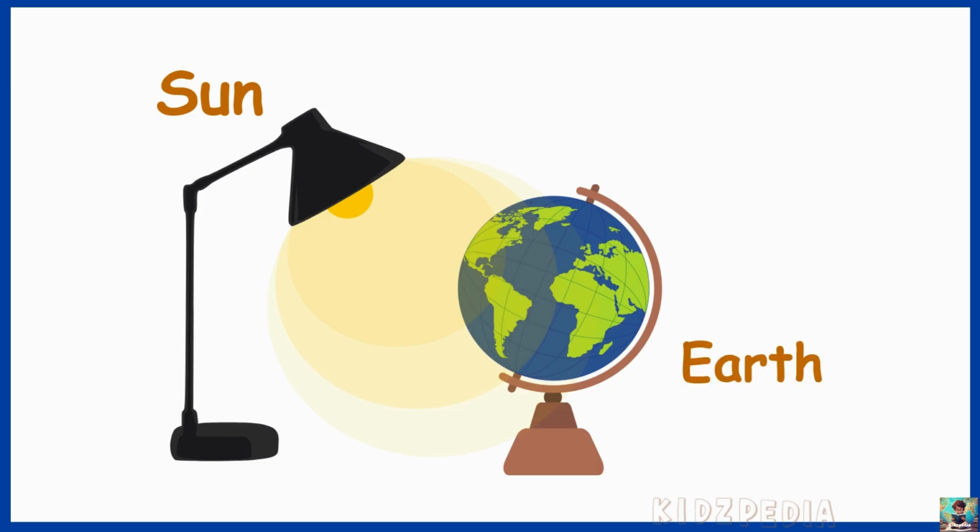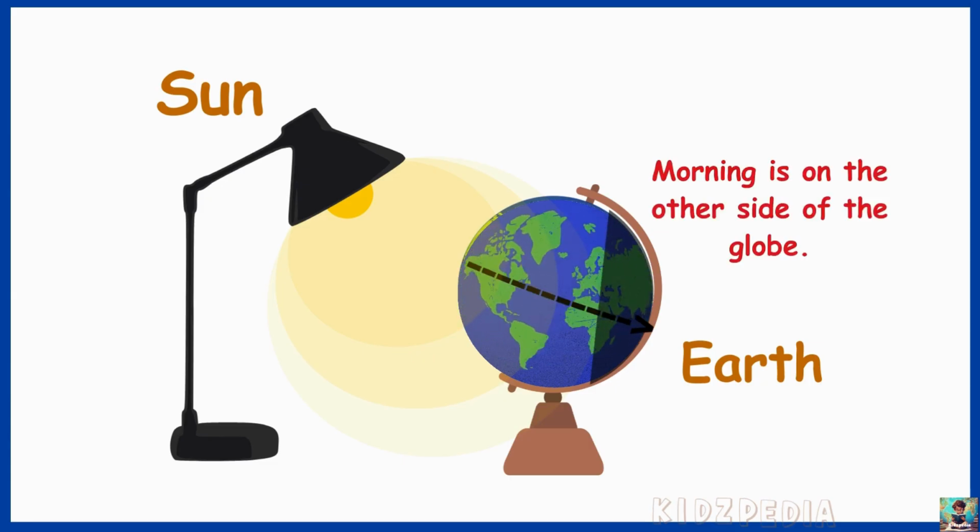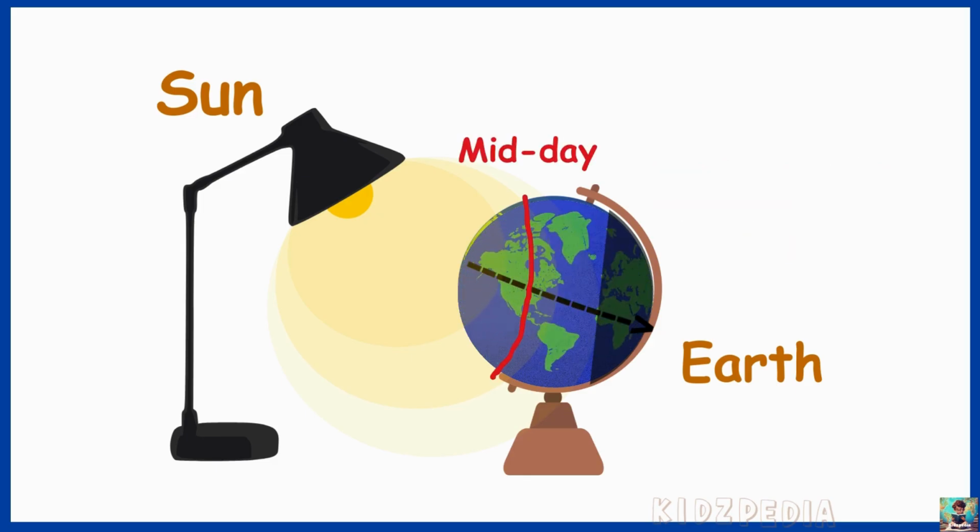Now, if you slowly turn the globe eastward, the same direction the Earth spins, you will notice for some places it's morning because the light is just beginning to fall there. The sun is rising in those places. For others, it's midday because they are facing the lamp directly. This is where the sun is highest in the sky.